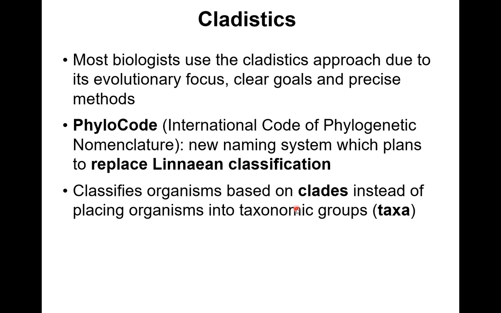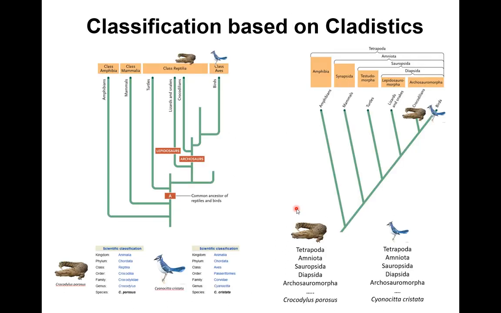You combine them together, but the final result does not necessarily always reflect pure evolution. Phylocode, which is basically the new international code of phylogenetic nomenclature suggested by cladistics, instead suggests that you should just follow evolution and group, instead of using taxa based on both evolutionary and morphological information, you should just produce these taxa based on evolution. So just following the clades.